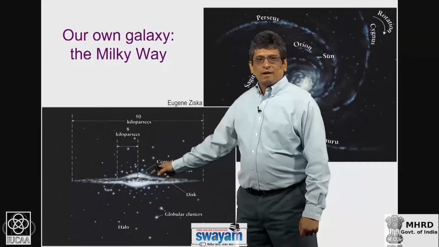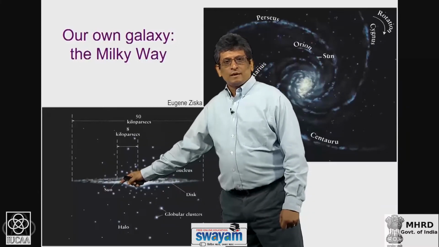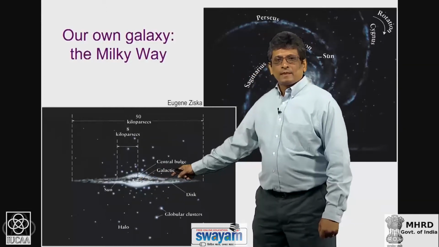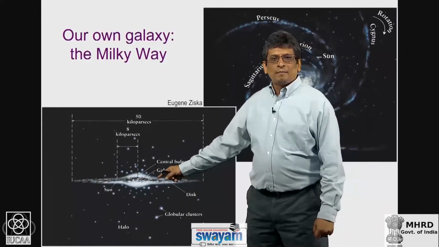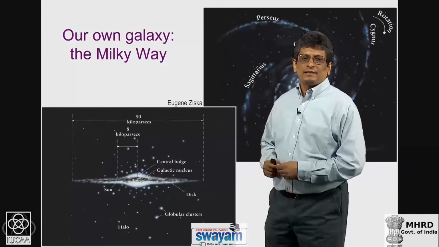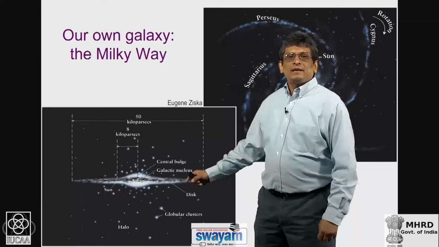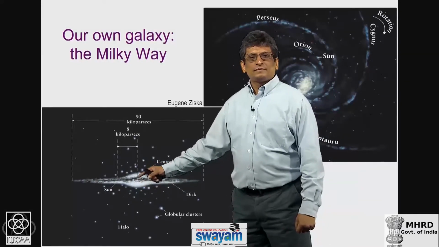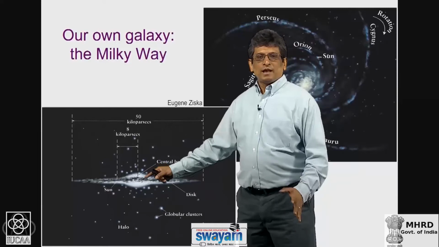The sun lies off center, but not quite at the edge of the galaxy, but it's in the disk of the galaxy. And you can see that if you are in the disk and you're looking towards the center of the galaxy, you will see that in the sky there is a band of stars, and that is known as the Milky Way.